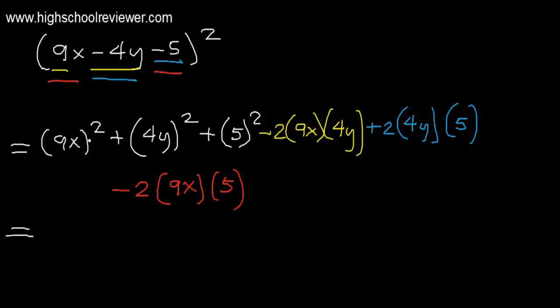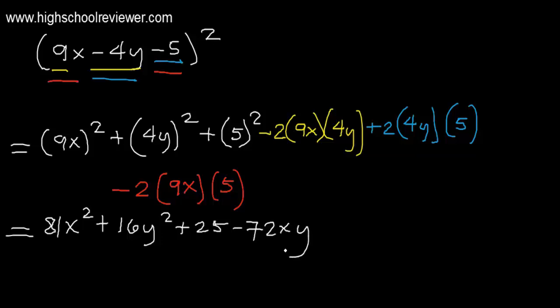9x raised to the power of 2, this will give us positive 81x squared plus 4y raised to the power of 2, this will give us 16y squared plus 25. Negative 2 times 9 times 4, this will give us negative 72xy.